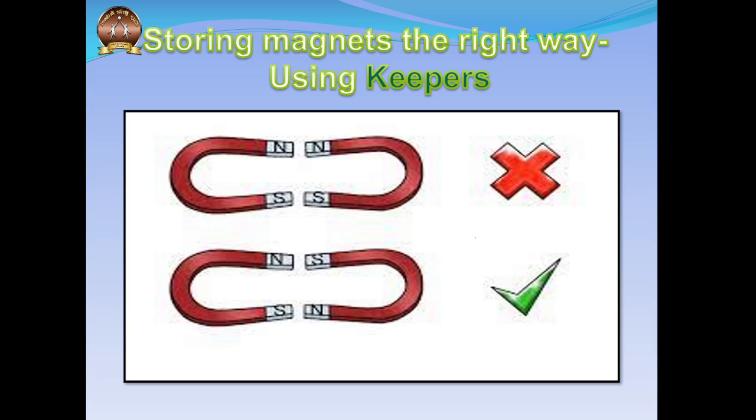Another important thing to remember is that even if you store U magnets in pairs, they should never be stored with like poles facing each other. The unlike poles should be facing each other, and they should stick onto each other, and that is the right way to store U magnets or horseshoe magnets also.